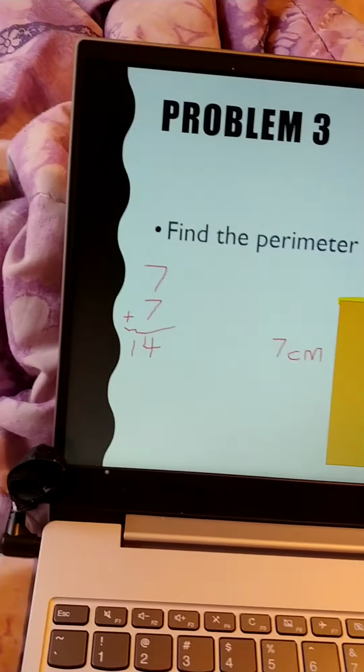So we're going to subtract 45 from 29. All right, remember, we always look at the ones first, and we have 5 take away 9.